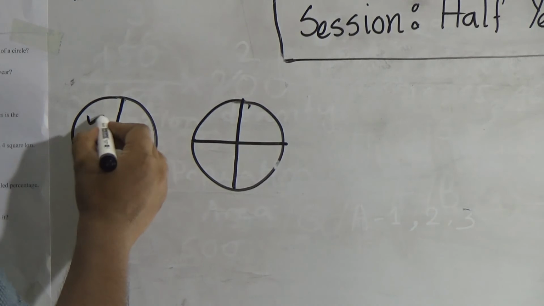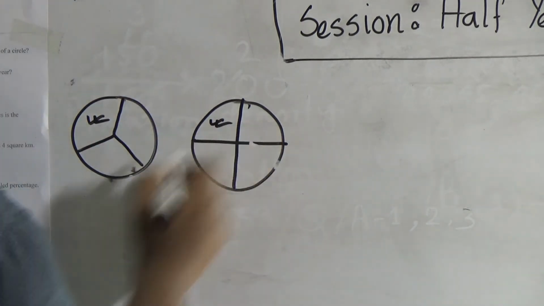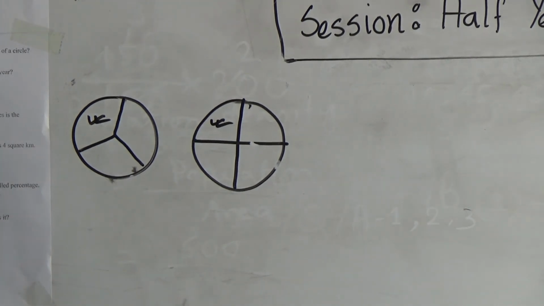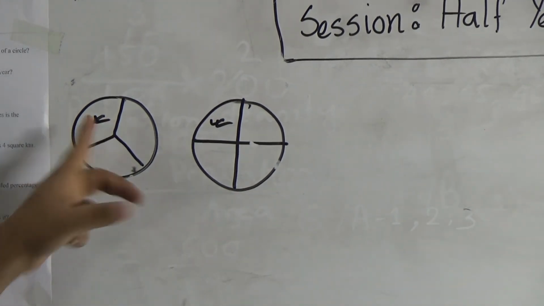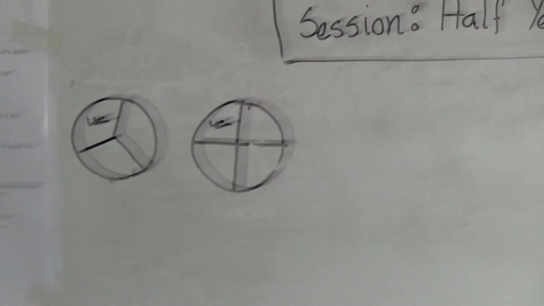Now I take one from these three parts, I take one from this four part. Now please tell me which one is greater? It must be greater. So 1 by 3 is larger between these two fractions.